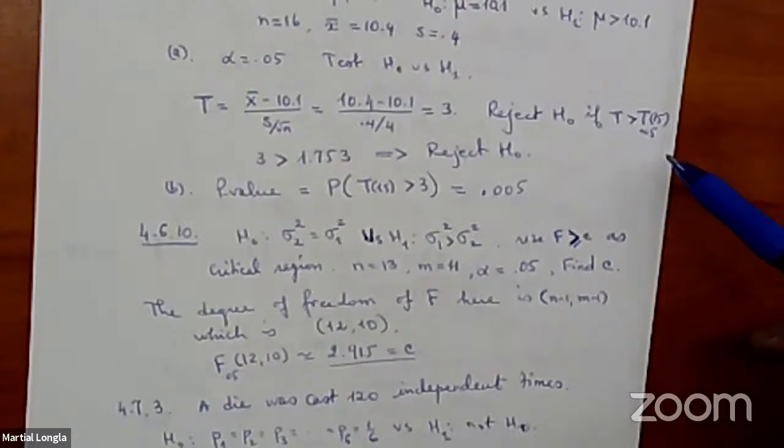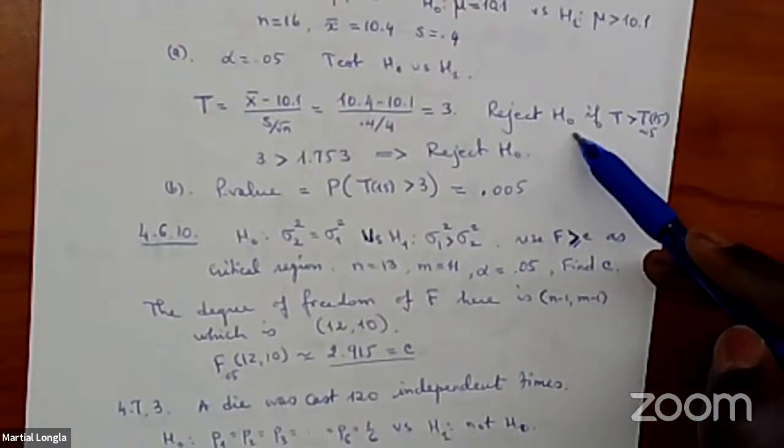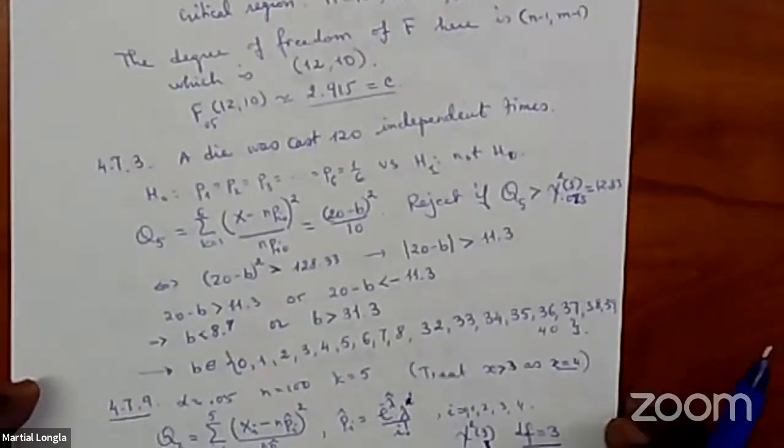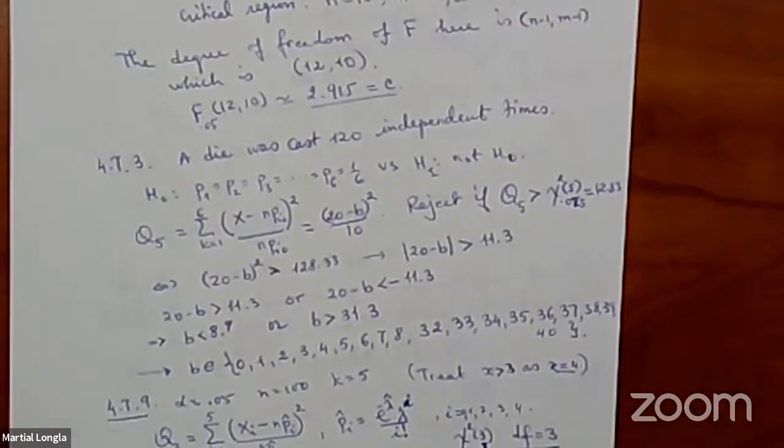Makes no sense. You need to see H naught, see H1, see your criteria, and see your decisions. And somebody that is reading that would understand, okay, this is the reason why he decided that.